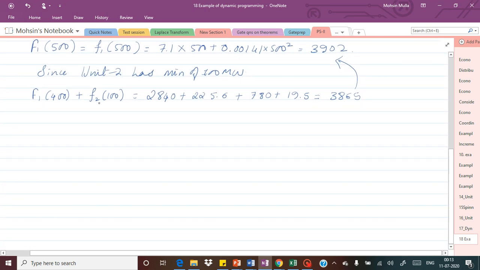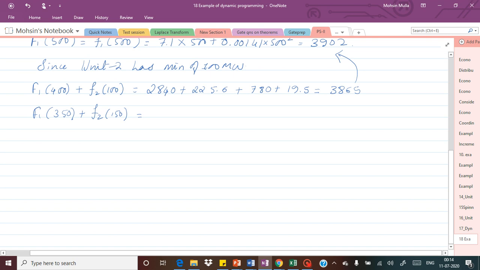This is by using the second unit loaded to 100 and the first unit loaded to 400. Now we are going to reduce the first unit's load and increase the second unit's load. Let us change a little bit here: 380 and F2 of 120.